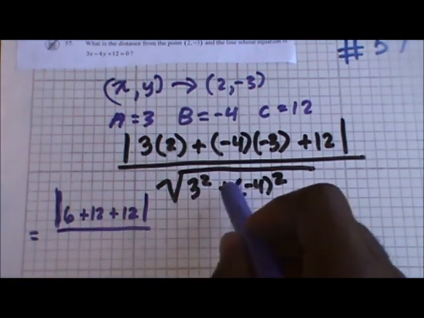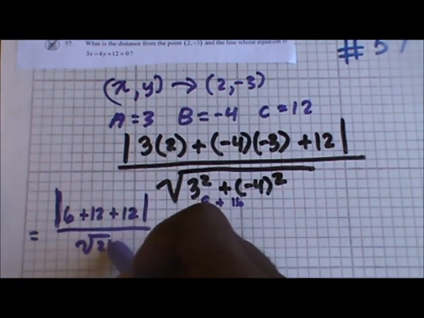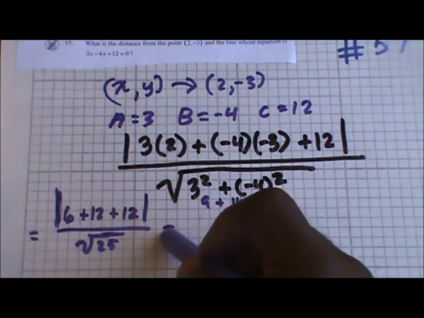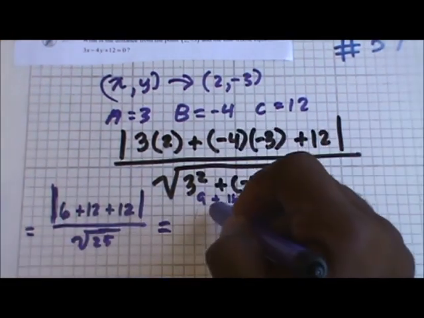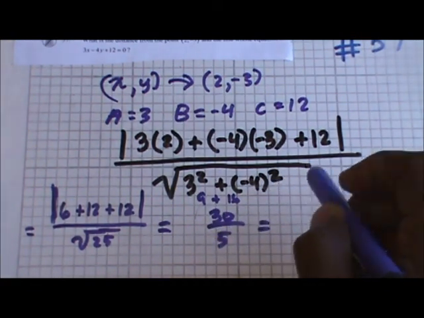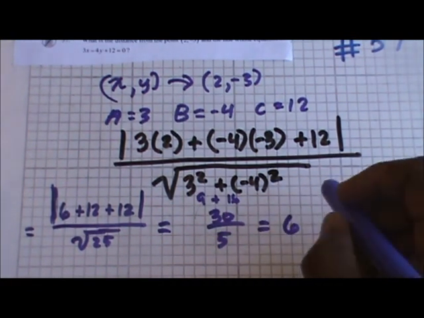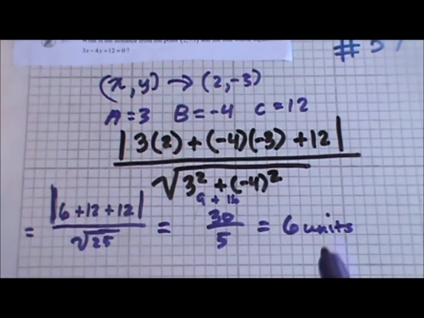This is 9 plus 16, so it's the square root of 25. 12 and 12 is 24, plus 6 is 30, over 5, which is equal to 6. So our distance is 6 units. The end.